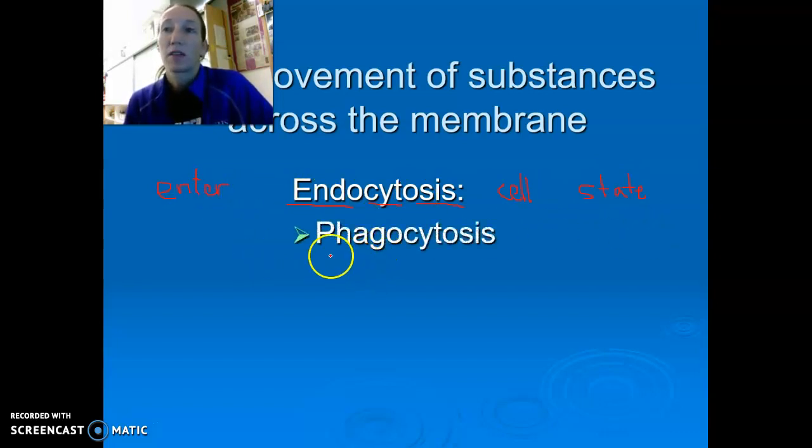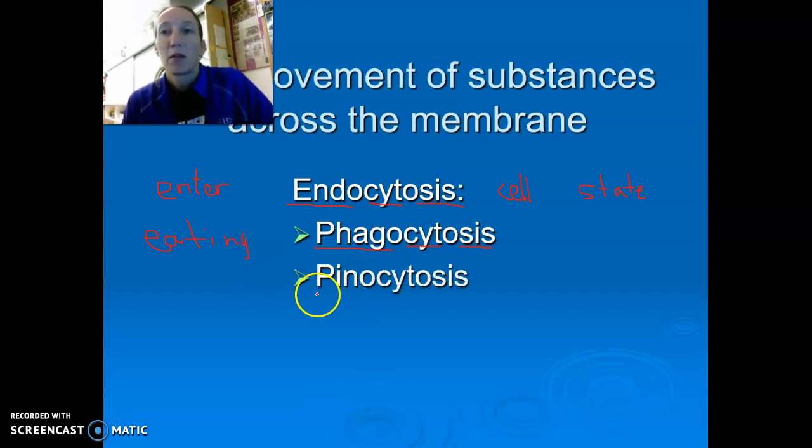All right, phagocytosis. So you have the same words here, cell, state, but phago means eating. So now the cell is in a state of bringing stuff in, and it is solid molecules like your glucose, your amino acids, fatty acids. Okay? Now pinocytosis, once again, the cell is in a state of drinking.